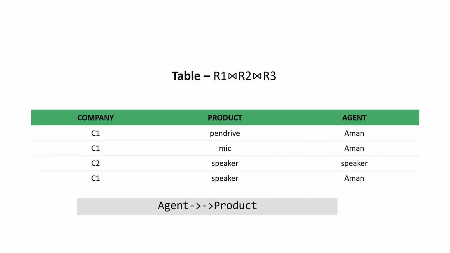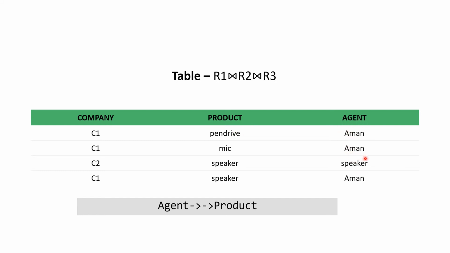Now we have applied join on these three tables R1, R2 and R3. Now we get company C1, C2, C1, pen drive, mic, speaker, Aman, speaker, Aman. So here agent is determining the product.